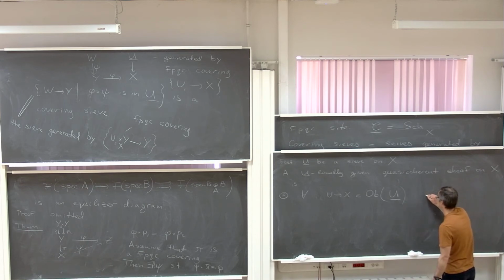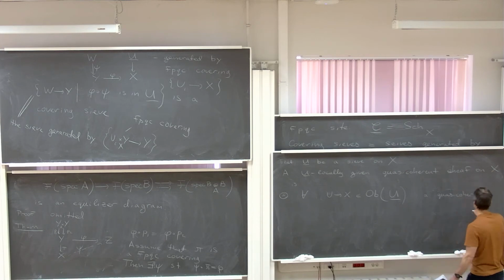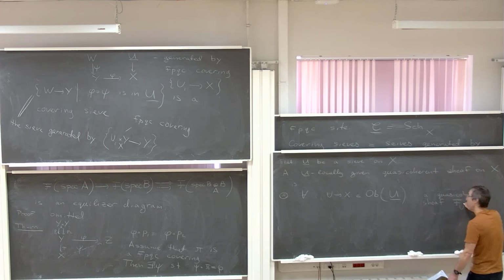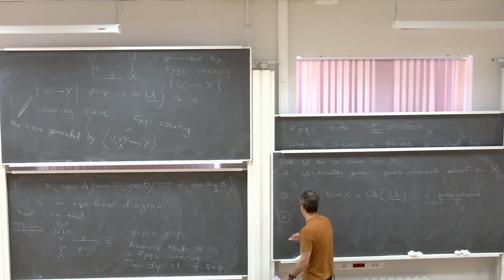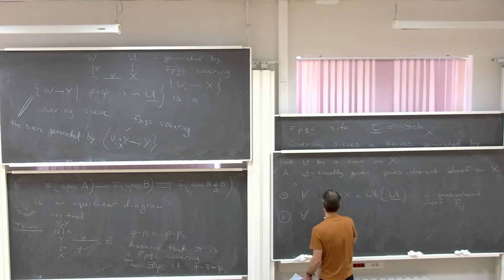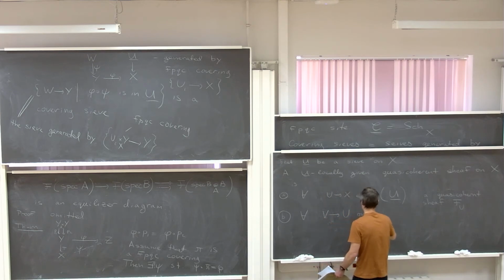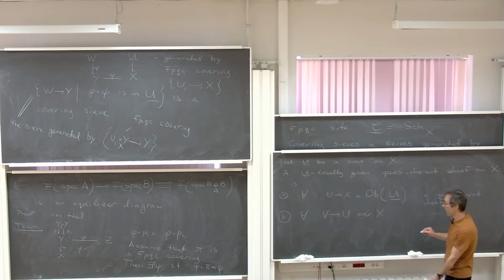We're given a quasi-coherent sheaf F of U. Secondly, for every morphism, say from V to U over X, we are supposed to be given an isomorphism between.